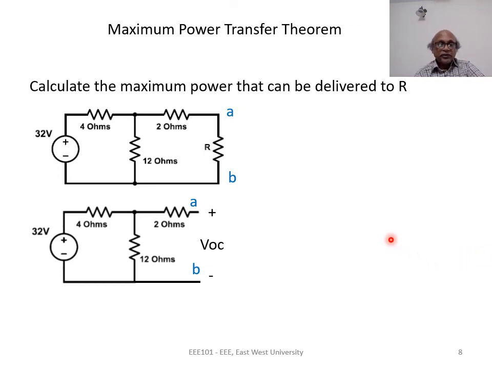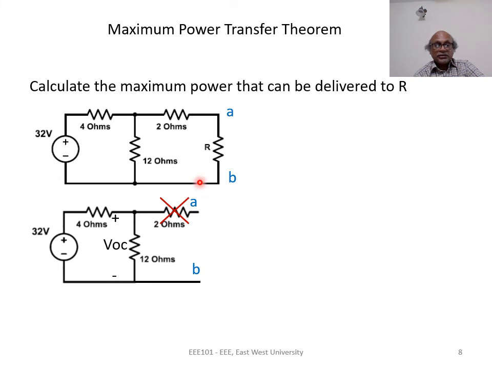First, we observe that this 2 ohms resistance is in series with an open circuit. So this 2 ohms is ineffective. If this 2 ohms is ineffective, there is no current flowing through 2 ohms and there is no voltage occurring across 2 ohms. So this VOC voltage between node A and node B actually appears across 12 ohms resistance.